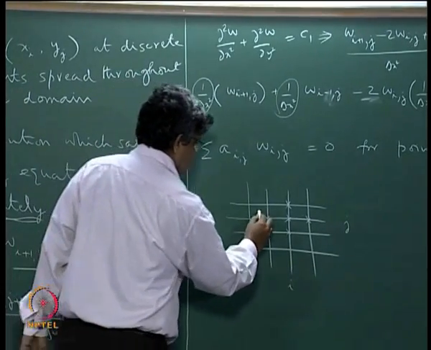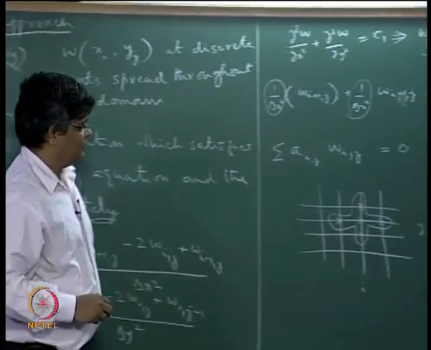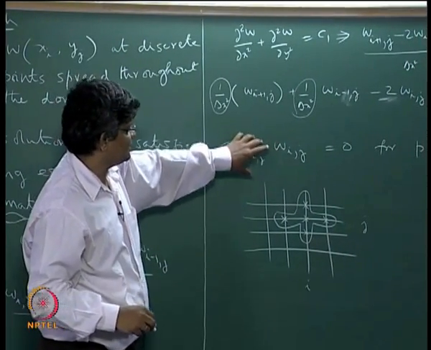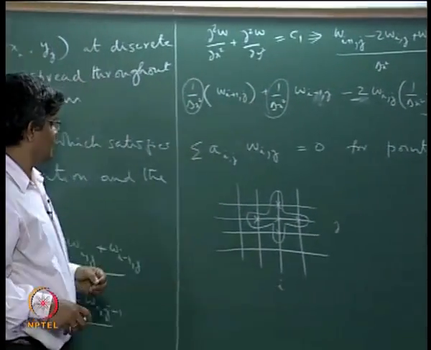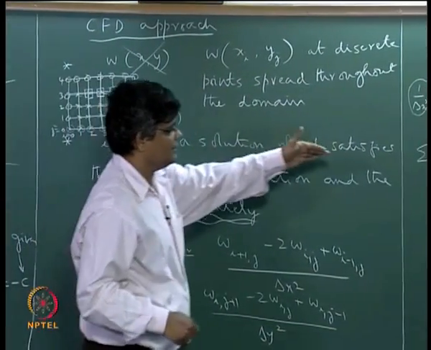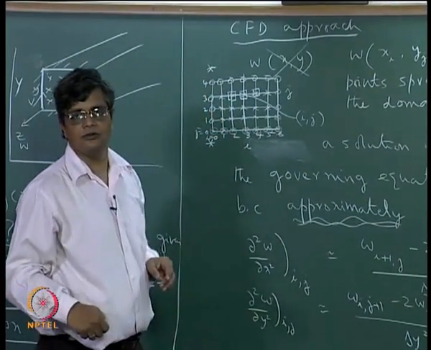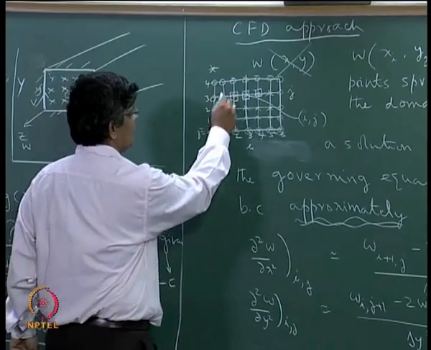So these 5 are the unknown variables appearing in the equation for the point i comma j, and similarly we can derive a similar equation for all the points at which we want to find the value of the variables.